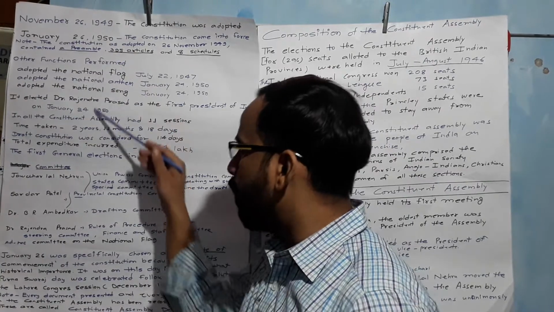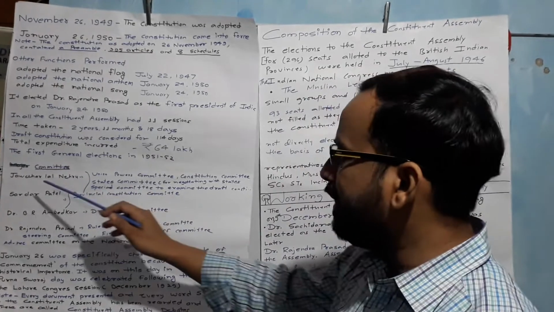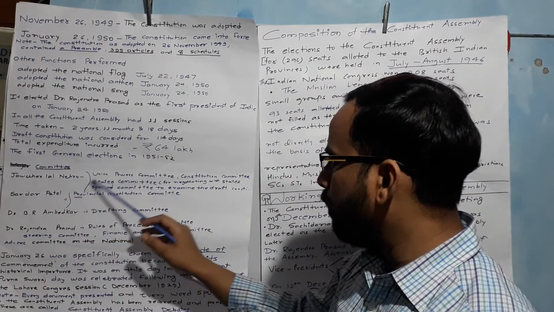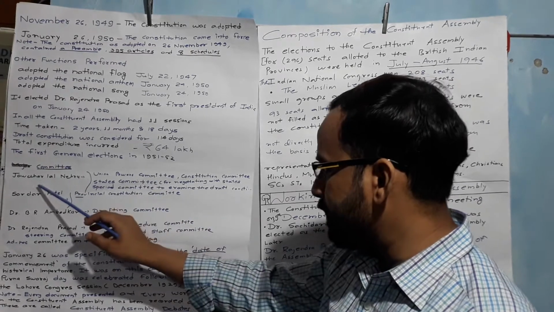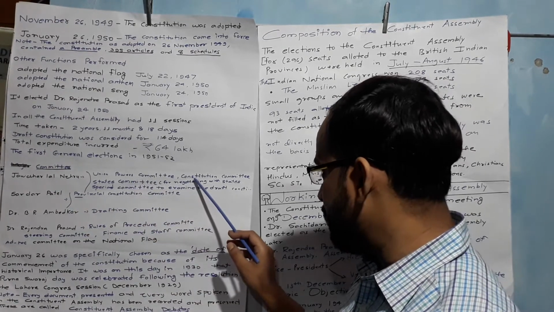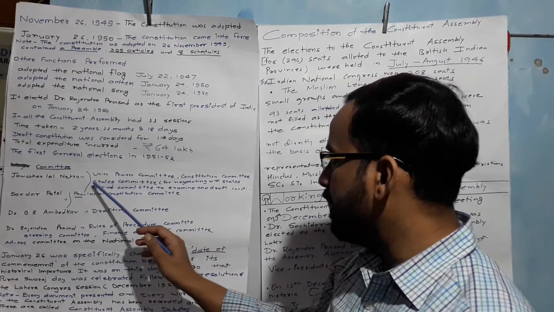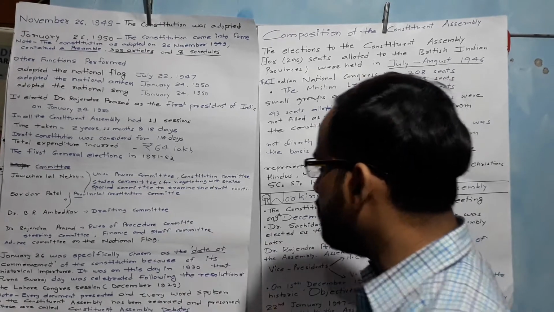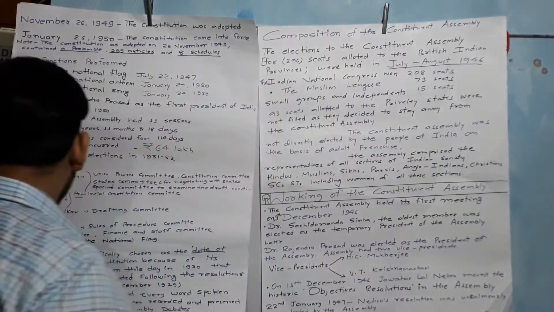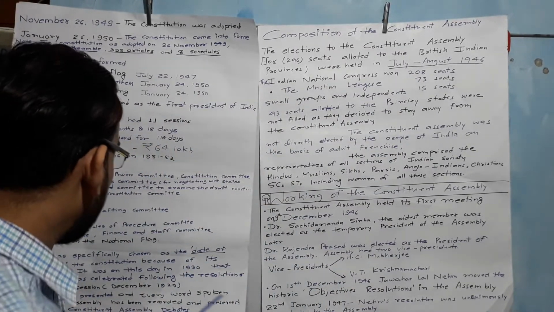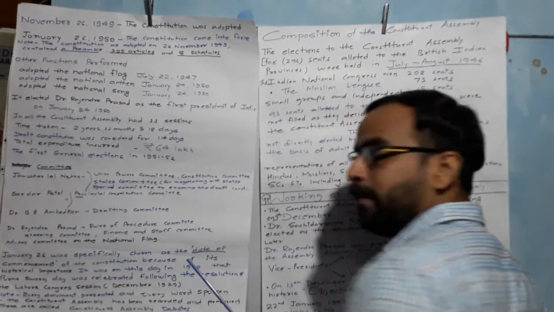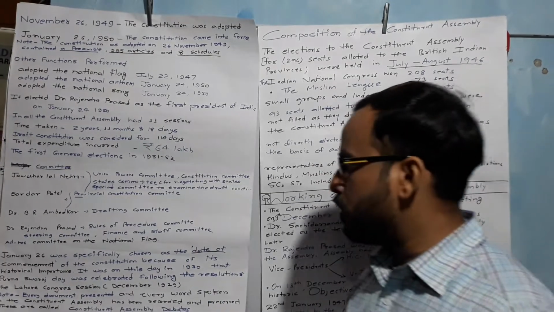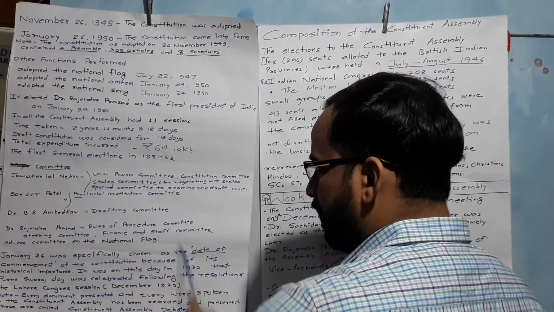Okay, these are very important points, and the important committees are these. Pandit Jawaharlal Nehru: President of the Union Powers Committee and Union Constitution Committee. Sardar Patel: States Committee for negotiating with the states, and the Provincial Constitution Committee. Dr. B.R. Ambedkar, father of the Indian Constitution, was the chairman of the Drafting Committee, which examined the draft of the constitution.